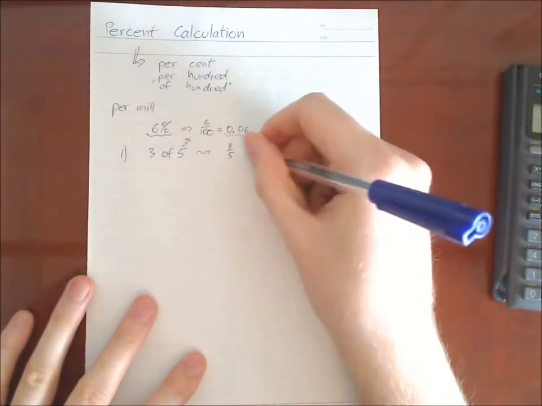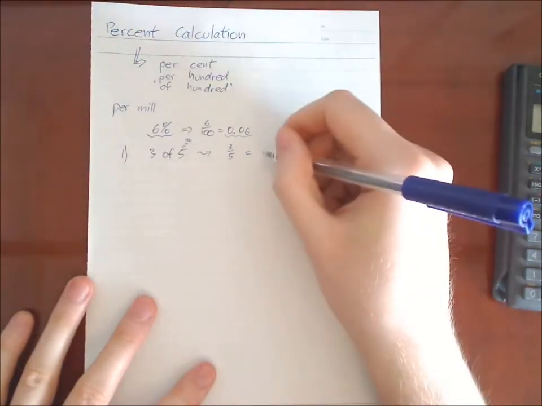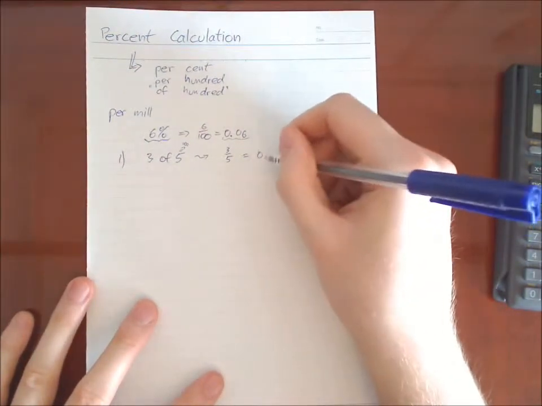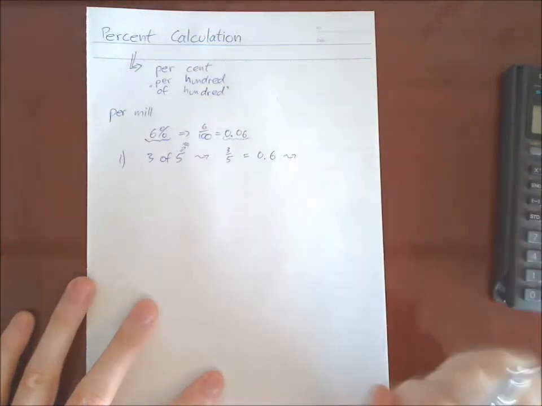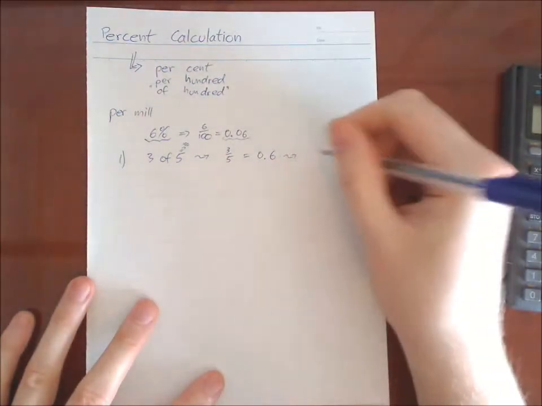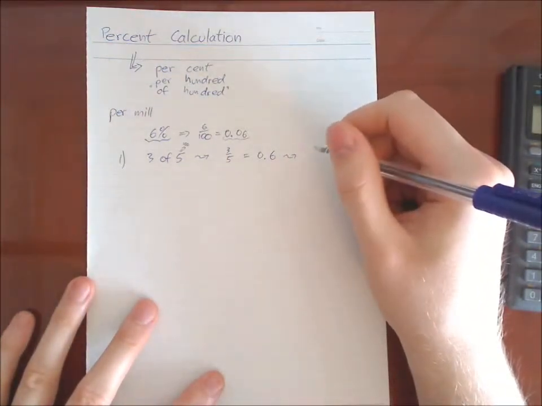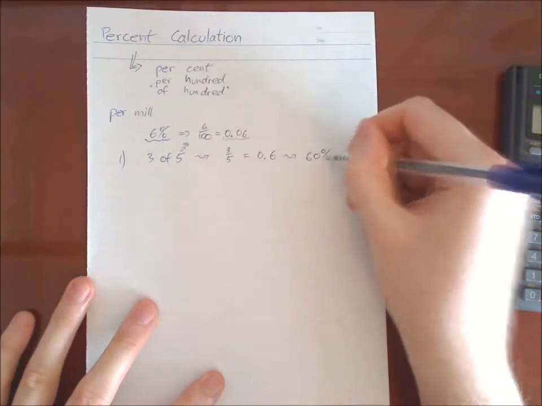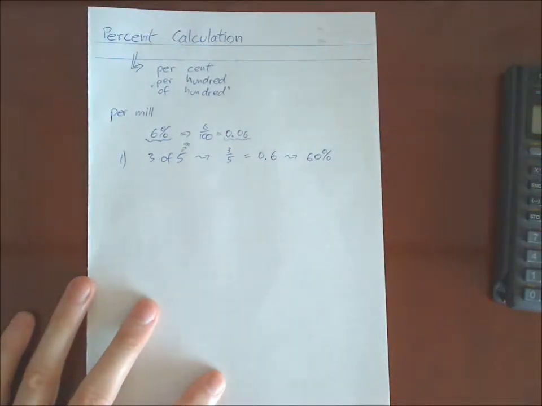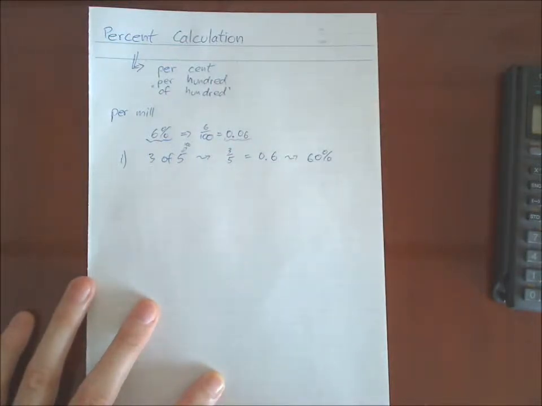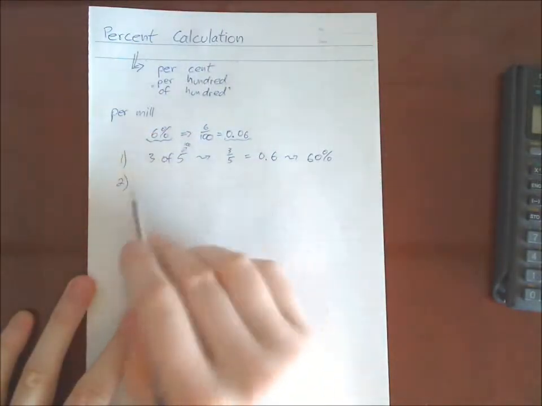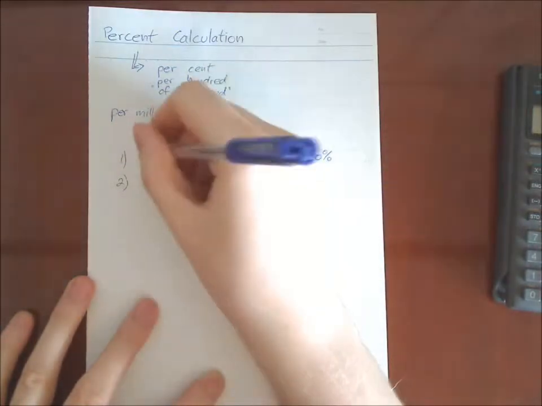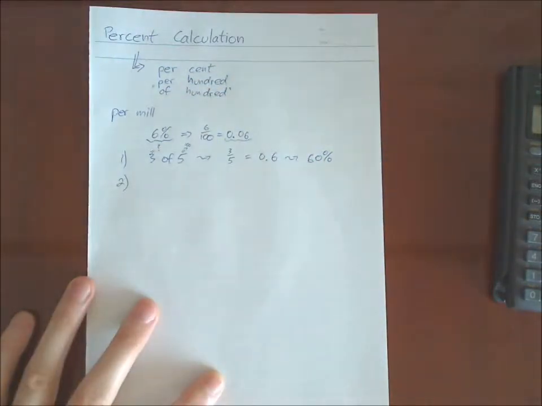To obtain this value we divide 3 by 5. In this case it is quite easy, it is 0.6, which means, if we remember how the calculator does it, it multiplies by 100, so we know this is 60%. If 3 of 5 people have red hair, then we know 60% of the people have red hair.